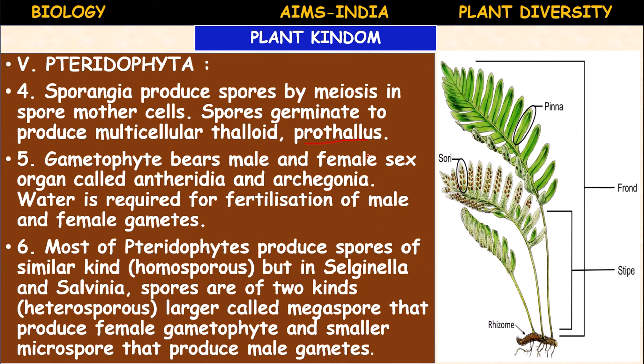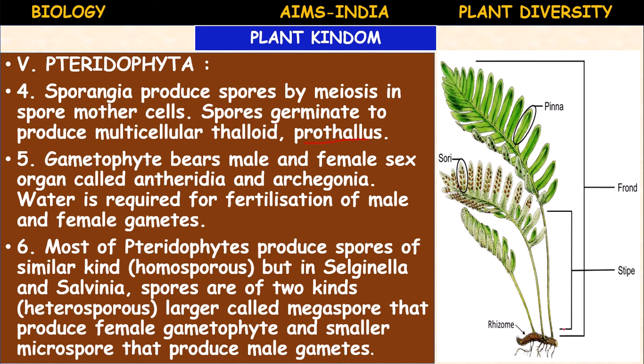Then it is called homosporous. But in Selaginella and Salvinia, the spores are of two kinds, heterosporous. If the spores are of the same kind, homosporous. Different kinds, heterosporous. The larger is called the megaspore, that produces the female gametophyte, and the smaller one is called the microspore, that produces male gametes.